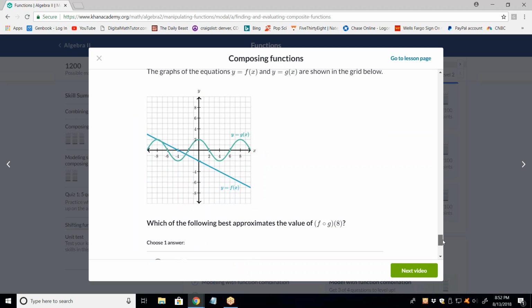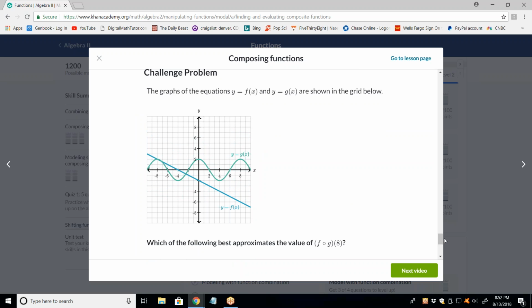All right, so here they're going to challenge us with graphs without giving us the function. They're just going to show us the graphs. F of g of 8.